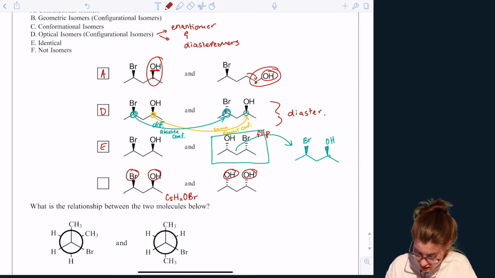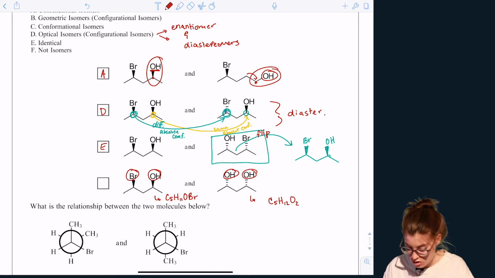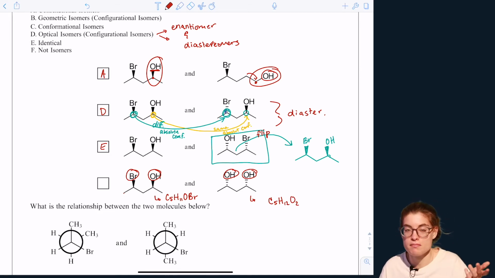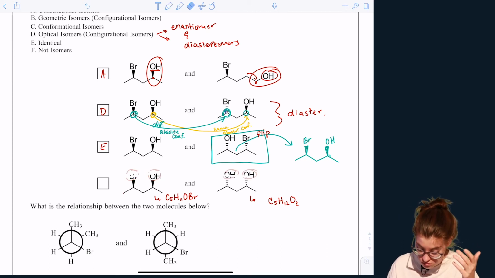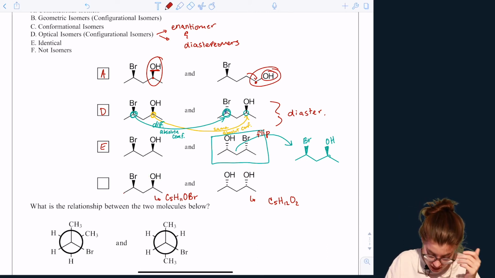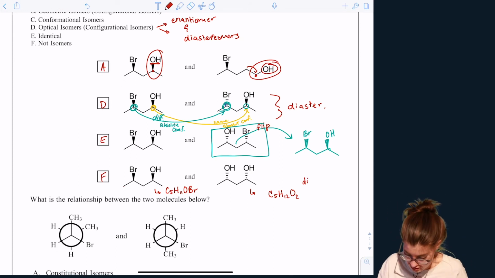But my molecule on the right here has a molecular formula of C5H12O2. So they don't even have the same molecular formula, which means they aren't isomers of each other. So that'll be F. They are not even isomers. Different molecular formulas.